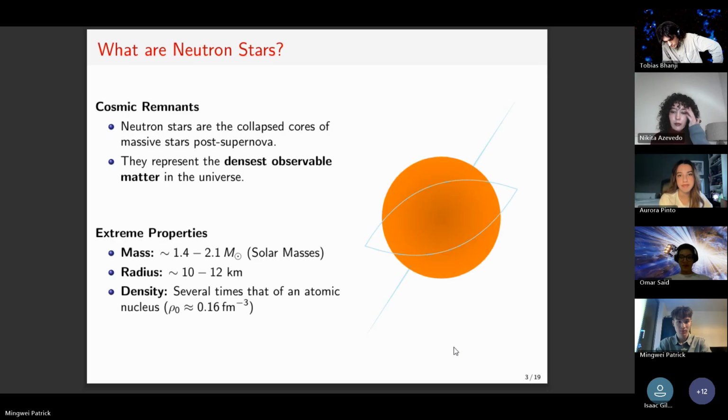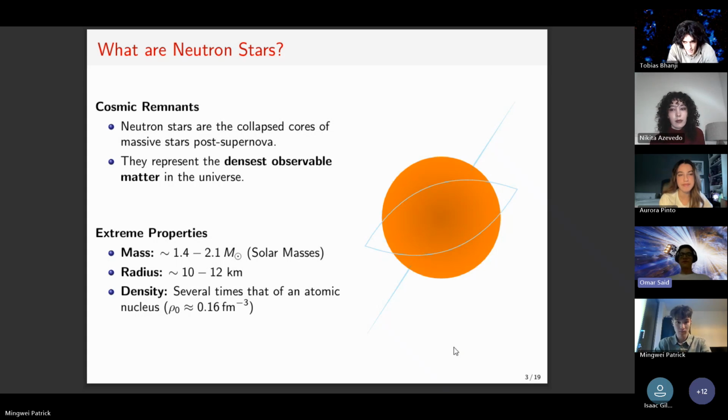In the next slide, you can see a sphere with a line in between. This line is the magnetic line of a neutron star. When this line points towards Earth, our telescopes can observe the star. And when it's not, we can't observe or know where the neutron star is.